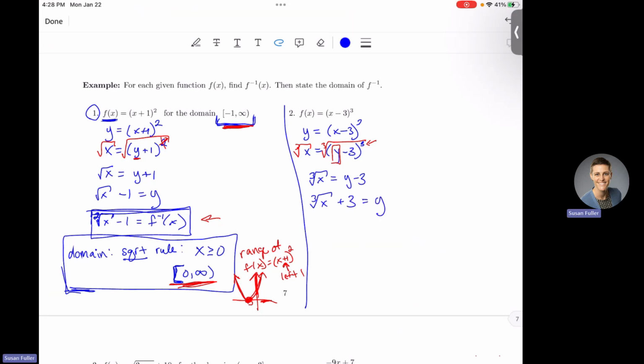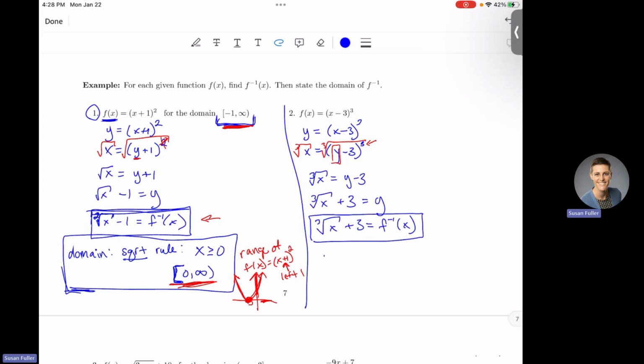And now I have y by itself, and this cube root of x plus 3 is my inverse function. There we go, that's not so bad. Okay. Try to make it so you can still read that. There we go. That's my inverse function.